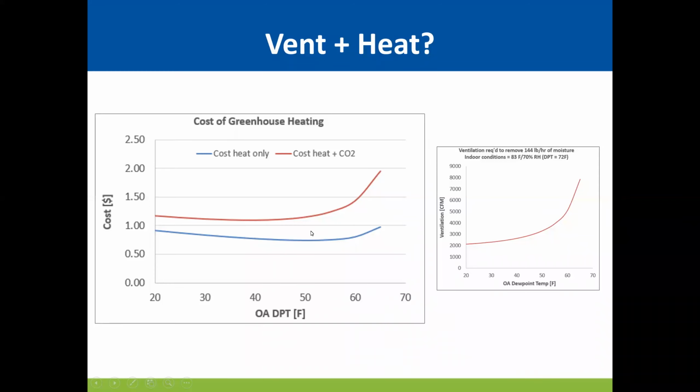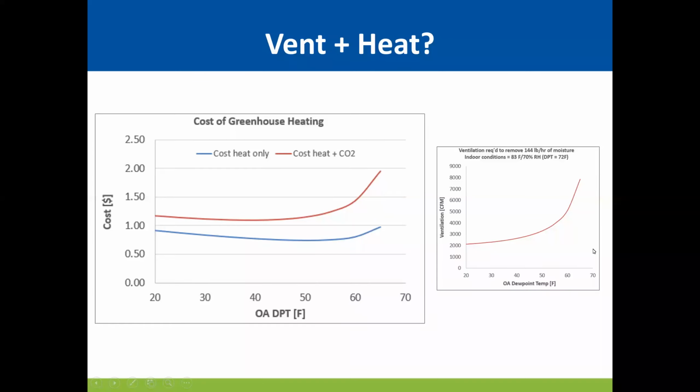So what if we vent and heat, right? What is the cost associated with that? So we looked at just heating. And then we looked at this question of, okay, we're going to use carbon dioxide, right? We want to enrich the greenhouse with CO2. Well, the cost of heating actually went down up to a dew point temperature of 50 degrees, because obviously it's colder, so you need more heat. It's warming up, you need less.